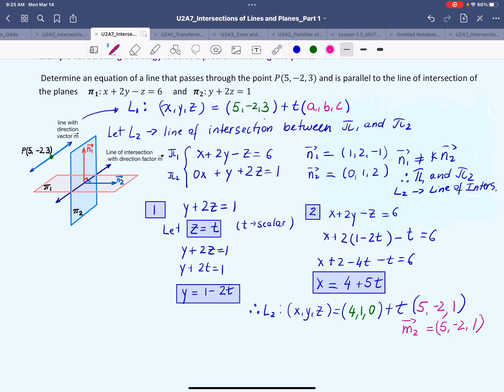And this direction vector can perfectly fit the direction vector of the line that is drawn from this particular point.